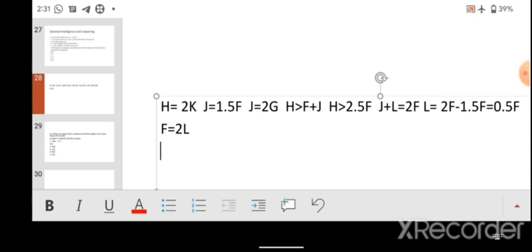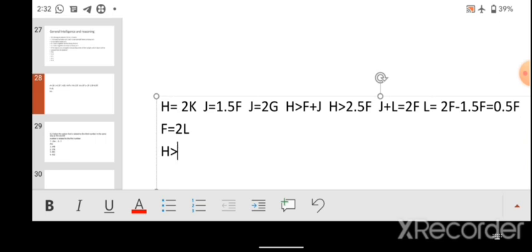Okay, so H is equal to 2K, so H must be greater than K. H is greater than 2.5 F. Okay, let's first start with that.